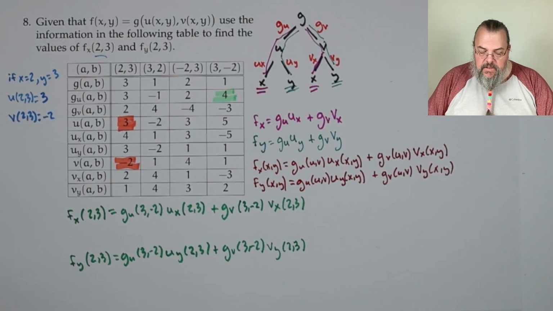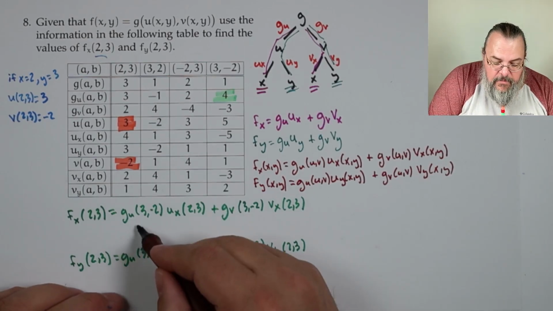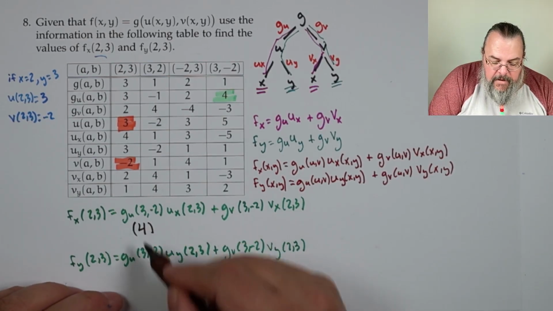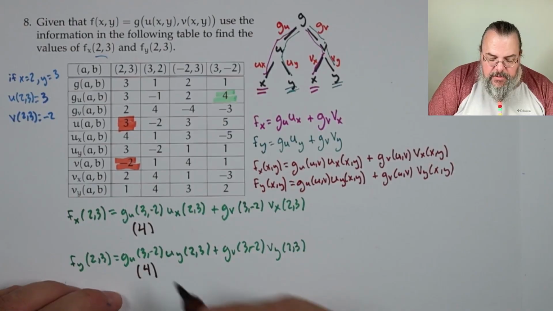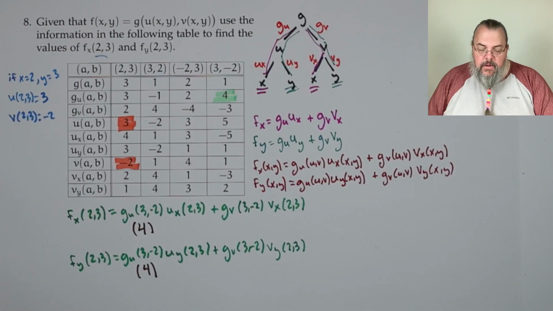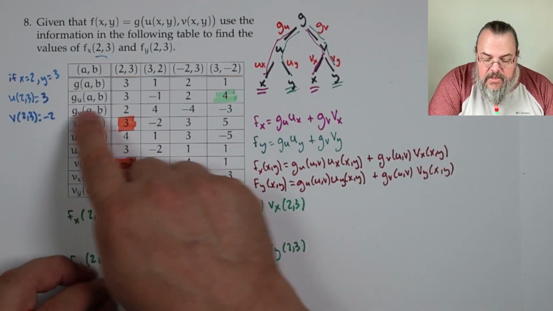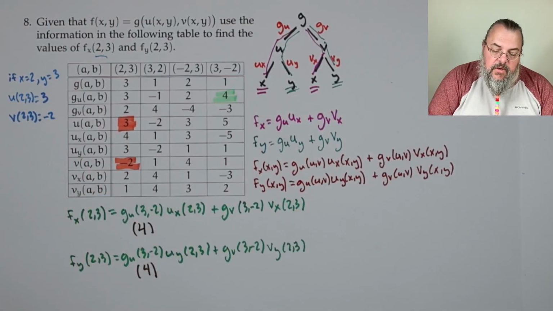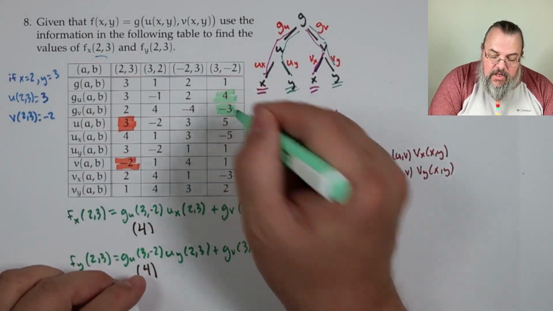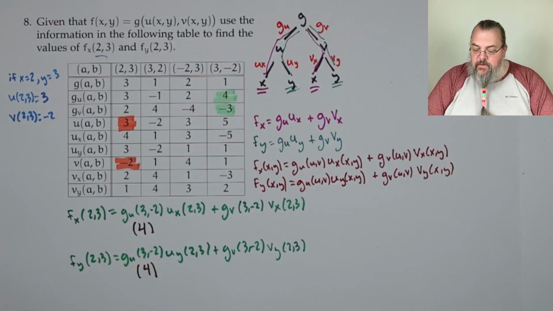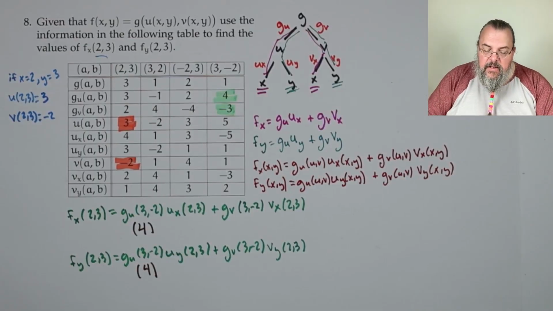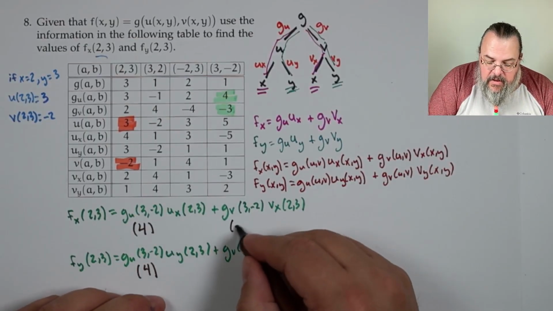So this is 4. And it's actually the same in both terms, 4 and 4. G sub v of 3, -2, so again, g sub v, 3, -2, so we need this entry here. So, okay, that is -3.